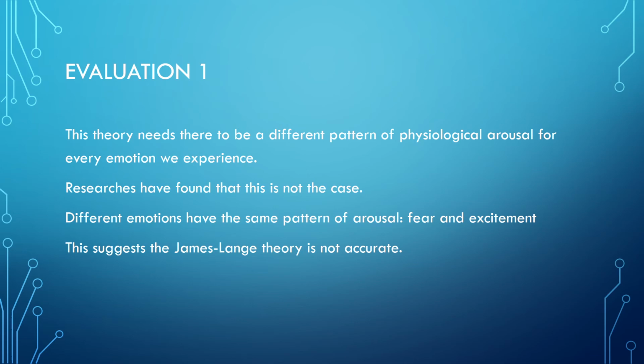So this suggests that the James Lang theory isn't accurate, that it can't just be that our emotions are identified from our physiological reactions. So that's the first major weakness of the theory.